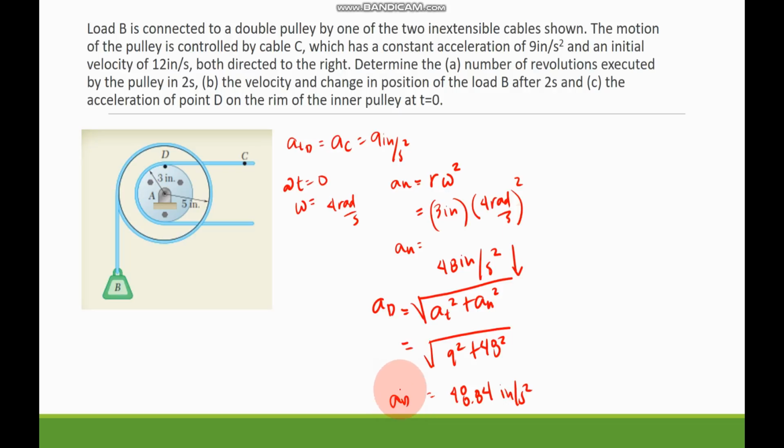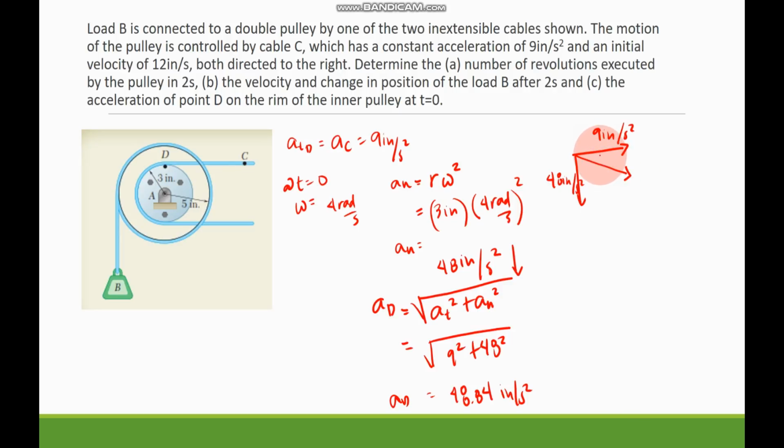So in our drawing, this is the tangential component of the acceleration, which is 9 inches per second squared, and the normal component, which is 48 inches per second squared. Therefore, our acceleration is directed on this position.